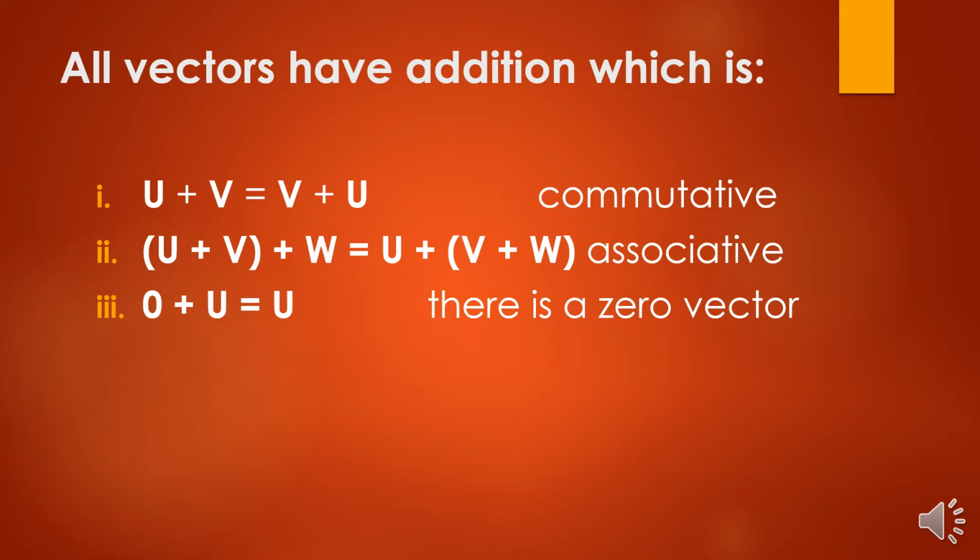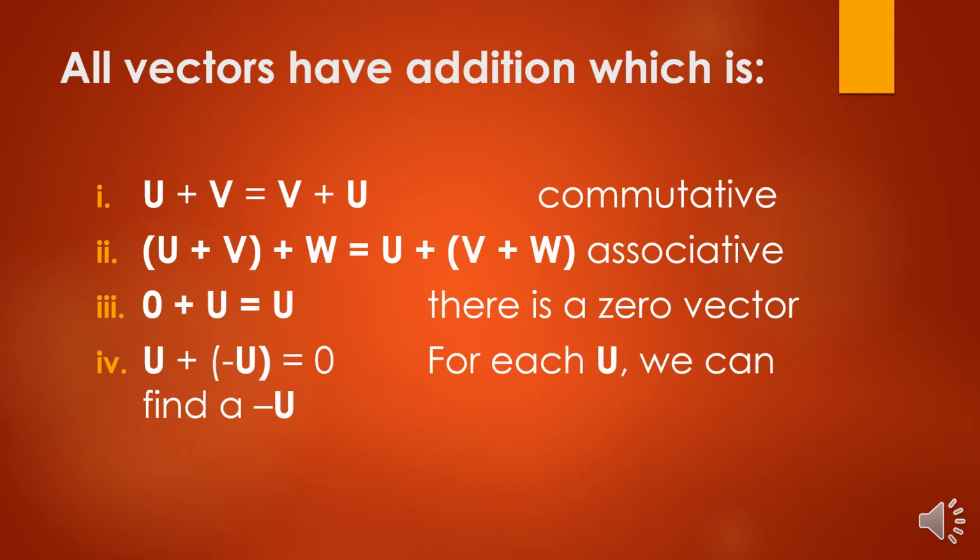So a zero vector plus any other vector, say u, will always give that other vector. And if you have vector u and the inverse of vector u, you'll get a zero vector. Then those are the properties for addition.